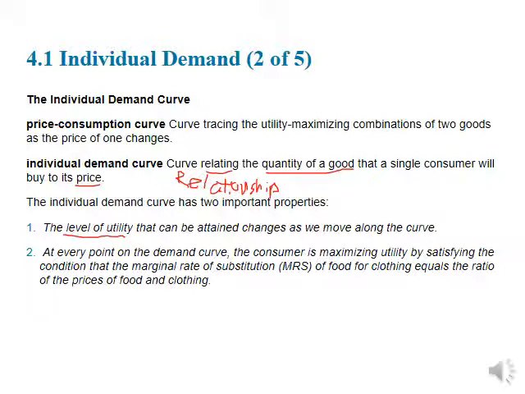The other interesting property of this individual demand curve is that at every point, we're assuming that our consumer is maximizing utility. And they maximize utility the way we learned in that last chapter, where the marginal rate of substitution is equal to the price ratio. This property right here is what that paper we read, that Becker and Stigler paper, BNS 79, is telling us.